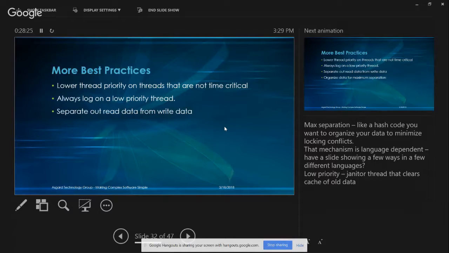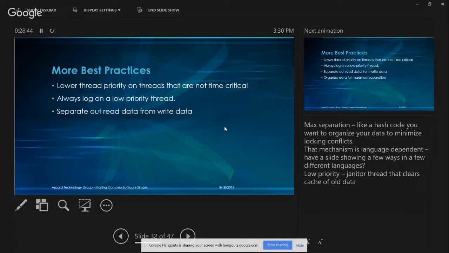Before I was saying avoid locks. This comes from the fact that I like to have fewer things that are lockable, because I think it makes it easier to avoid deadlocks.